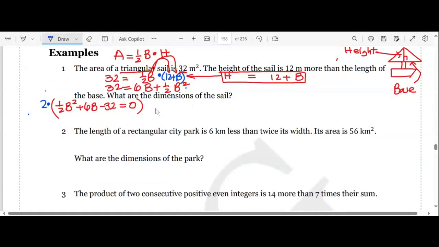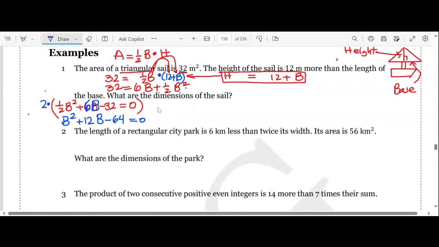So what are you going to get? b squared plus 2 times 6, how much? 12b, correct. Minus 32. 2 times 32, how much? 64. Can I factor this?